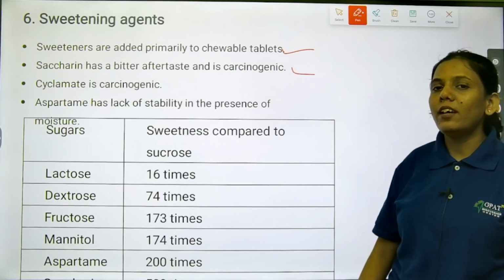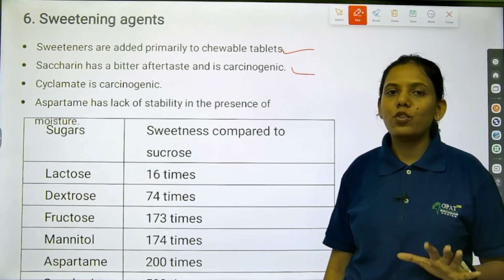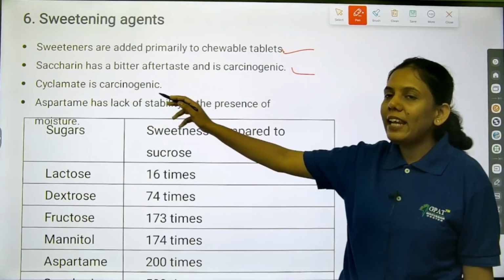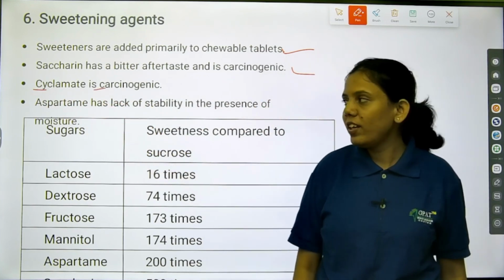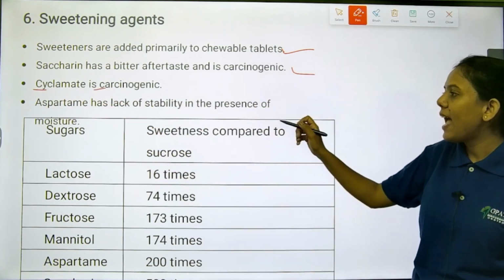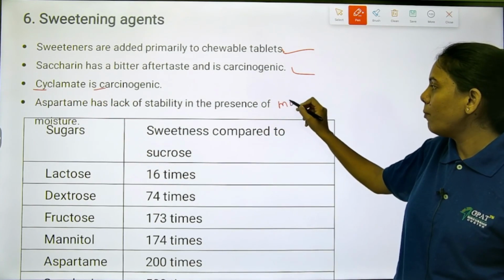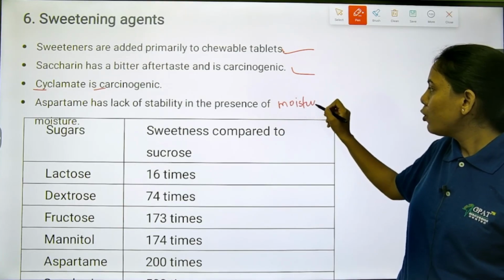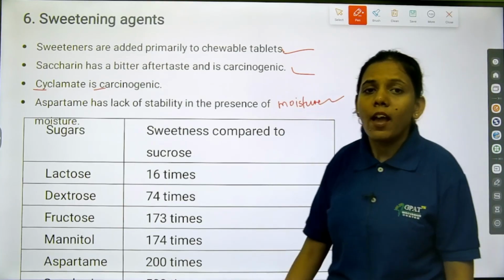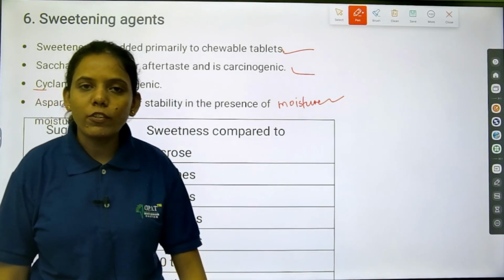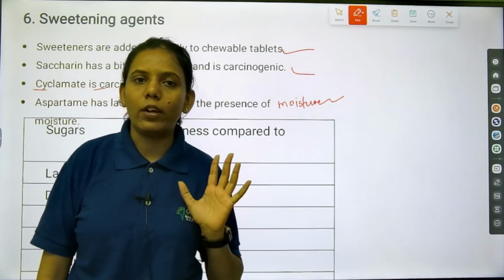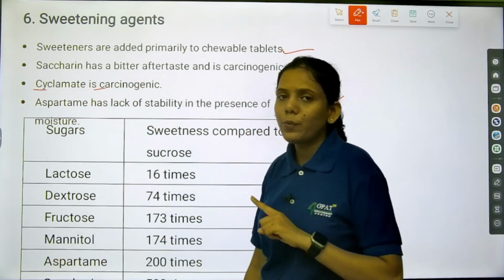Saccharin has bitter aftertaste and it is carcinogenic like sucrose. Cyclamate, CC, you can remember this. It is carcinogenic. Aspartame has lack of stability in the presence of moisture. So these are important things to remember. Which has less stability in the presence of moisture, which of the following is carcinogenic, and so on. For questions like this, it is important.